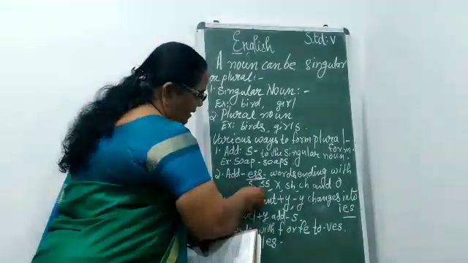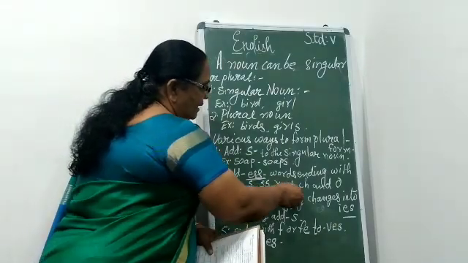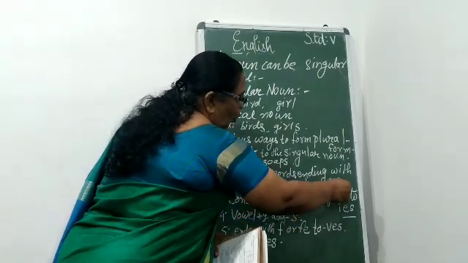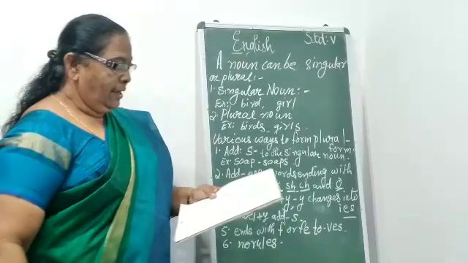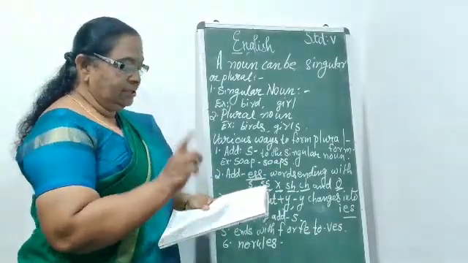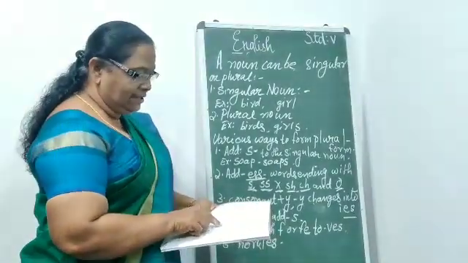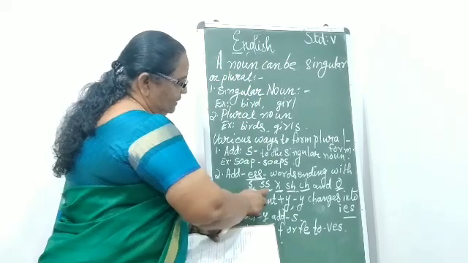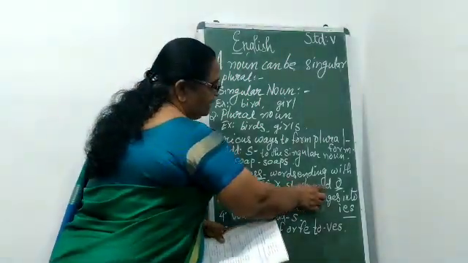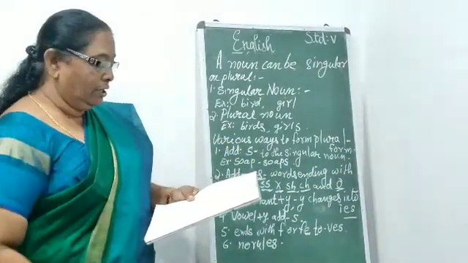Like s, ss, x, sh, ch and o. Okay, that is given in your textbook. Underline that. The singular noun ending with s, ss, x, sh, ch and o. And the examples are given in the textbook.